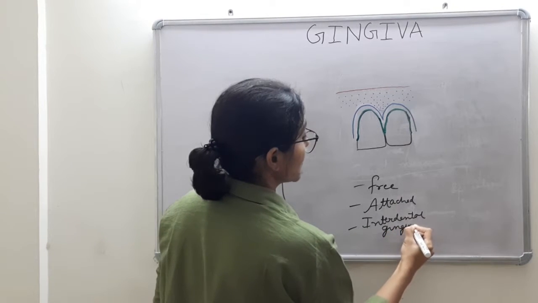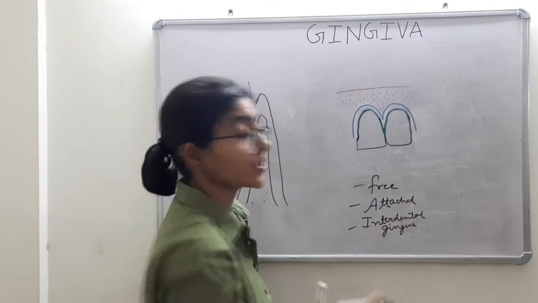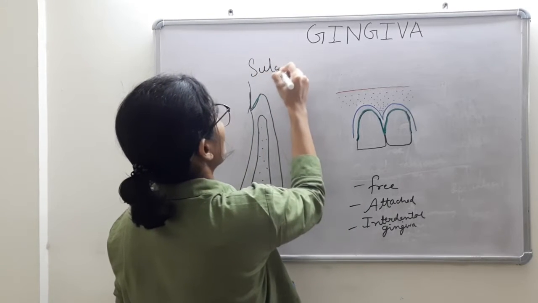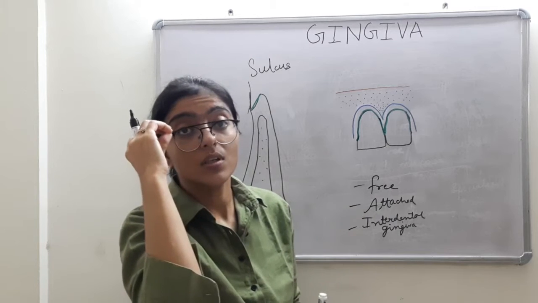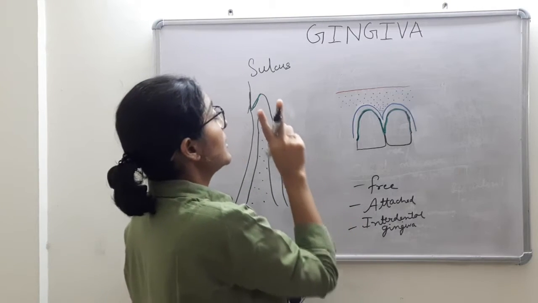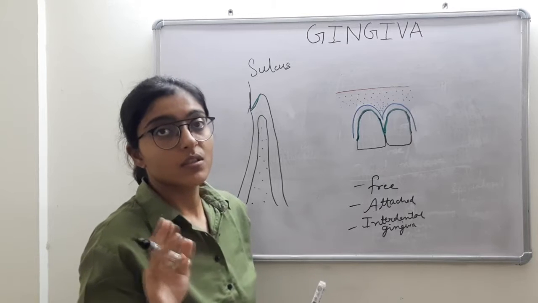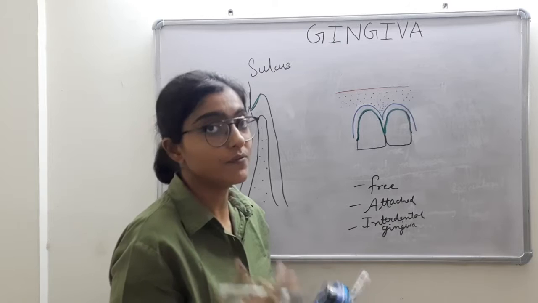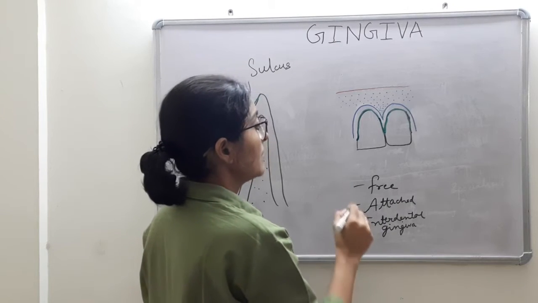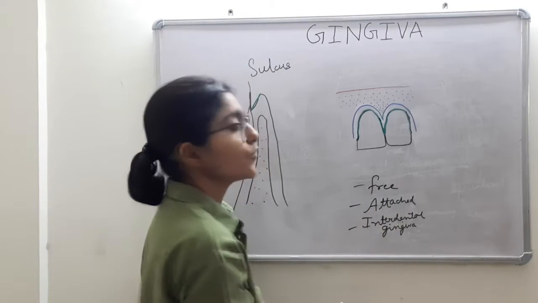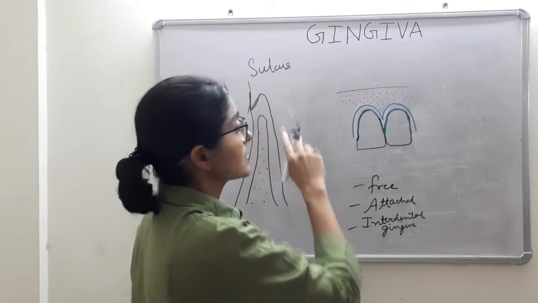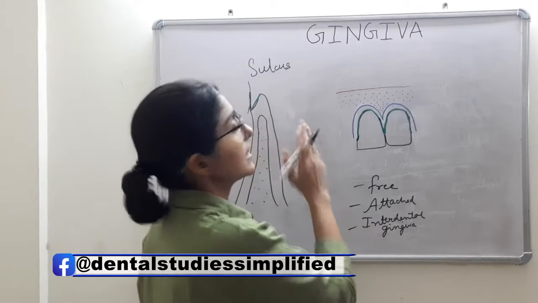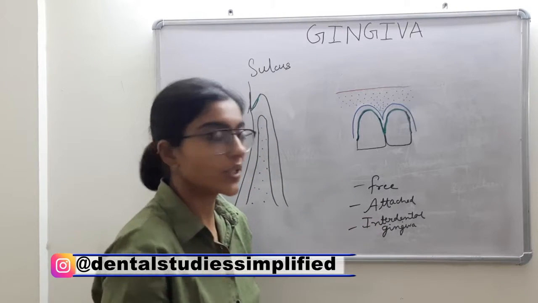Apart from these three anatomical portions, there is a fourth entity, which is the sulcus, which is not an anatomical portion but a V-shaped crevice or space created by one of these portions of gingiva. So we'll discuss all four terms in today's video: free gingiva, attached gingiva, interdental gingiva and sulcus.